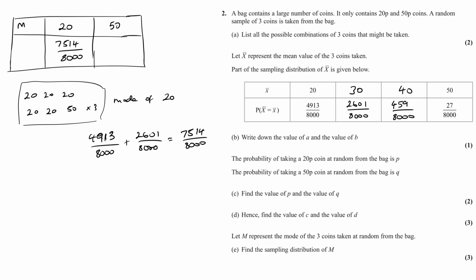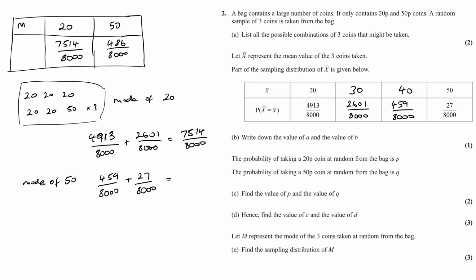Now, if I minus from 8000, that's what I would now expect to have as my other value. So mode of 50, and we're looking at 459 plus the 27.